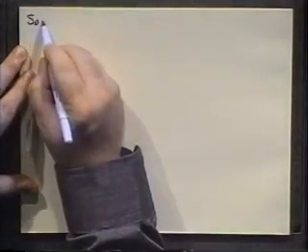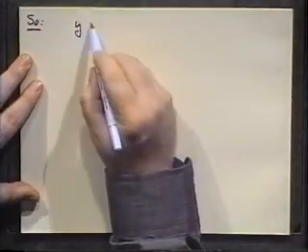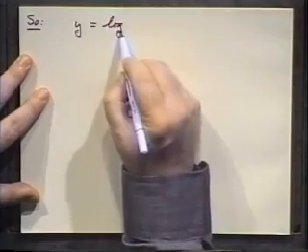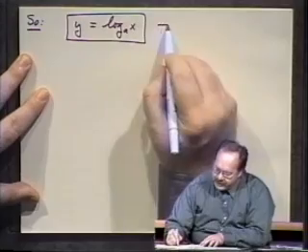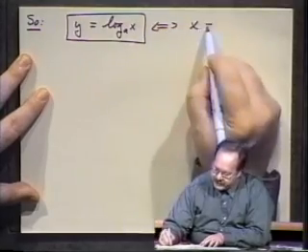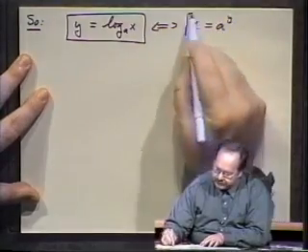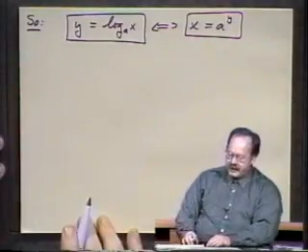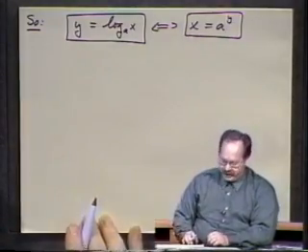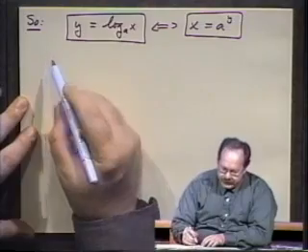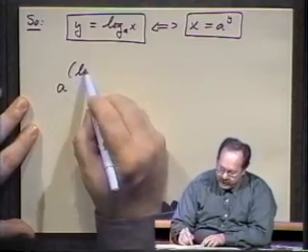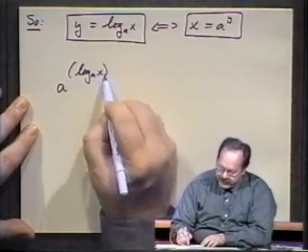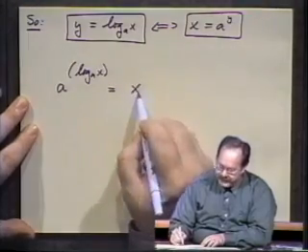So to put things down, we have the following statement: y equals log base a of x holds if and only if x equals a to the y. In other words, they undo each other. And another way to put that is the following, that a to the log base a of x is simply x.